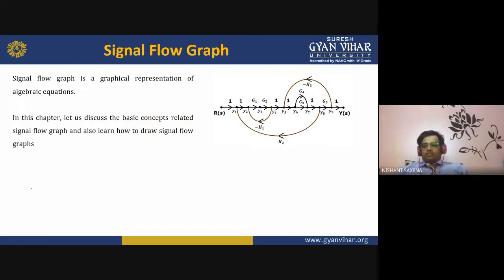Now let's move further towards the signal flow graph. What are signal flow graphs? The signal flow graph is a graphical representation of algebraic equations. We are having the polynomials, for example, some algebraic equations, a set of equations.